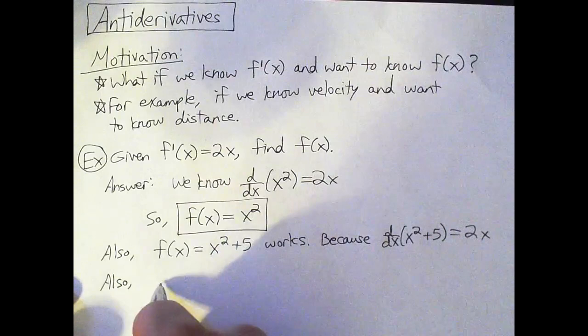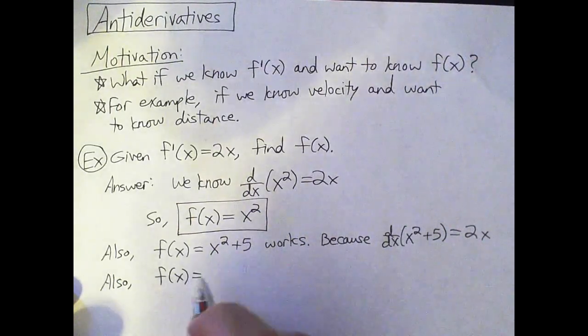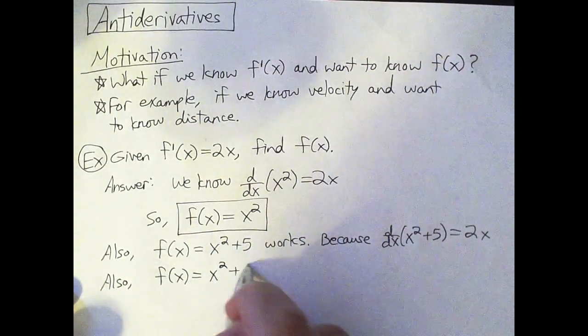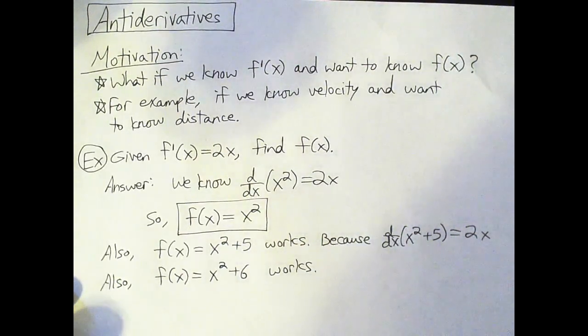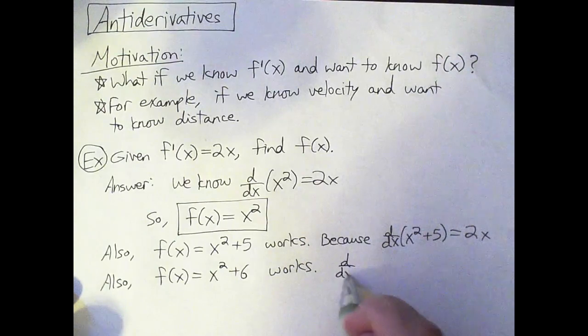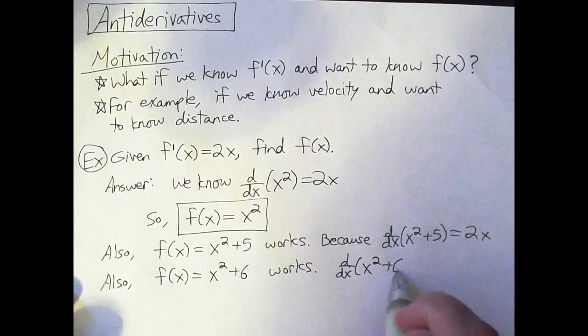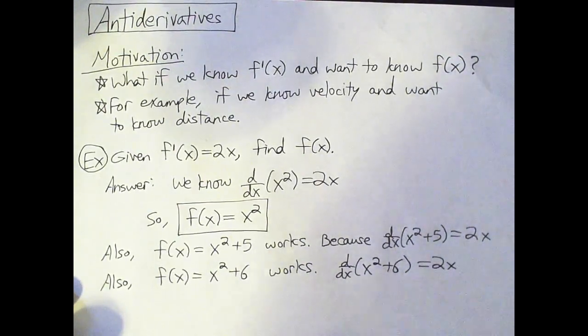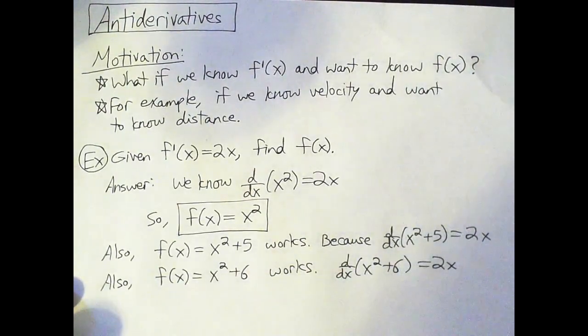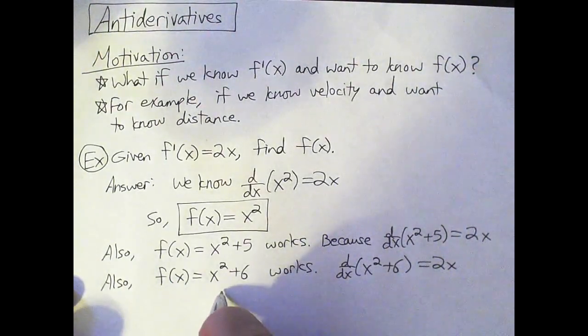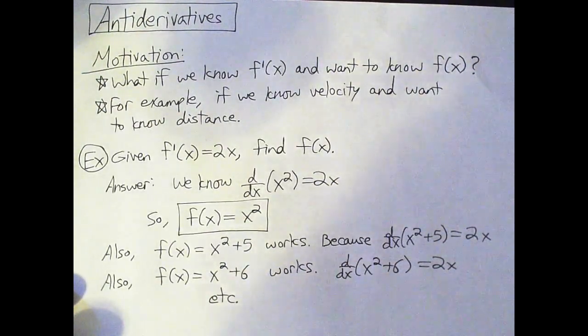Also, what if I did f of x equals x squared plus 6? That works. The derivative of that is 2x. So it seems like I could do plus 5, plus 6, plus 7, plus a million. I could do plus 1. I could do minus 1. I could do minus 100. So it seems like there are a lot of possible answers to this.